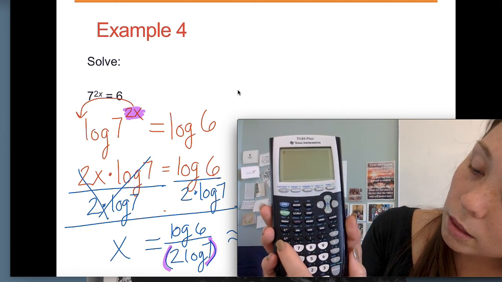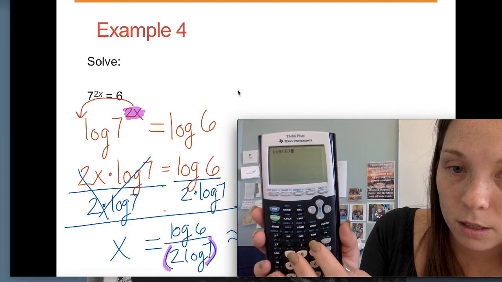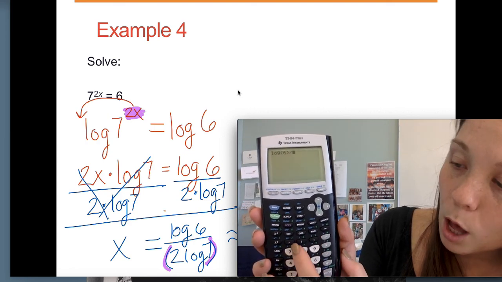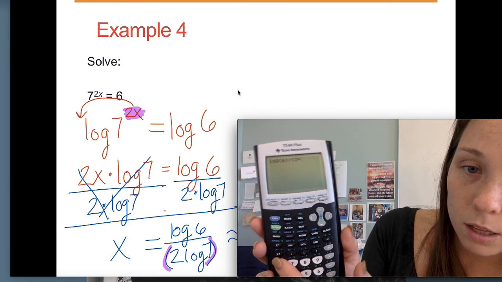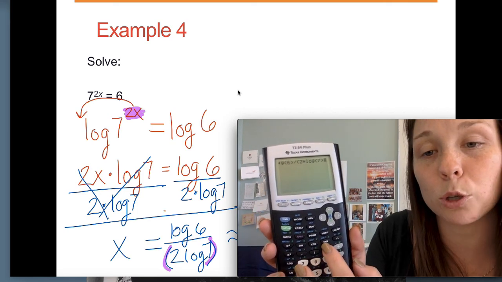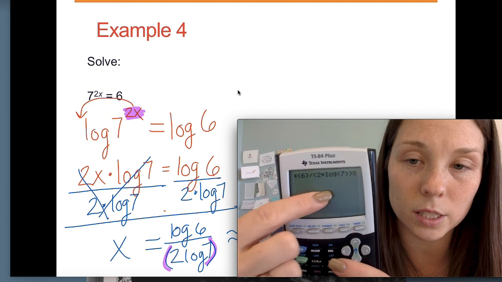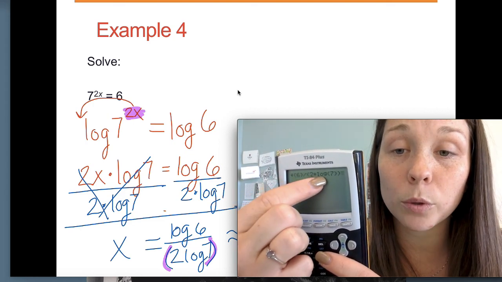We are going to take the log of 6, close our parentheses, divided by, I'm going to start a parentheses and say 2 times the log of 7, and then I'm going to close with 2 parentheses, because what this is going to do is it's going to tell the calculator we're dividing by the product of 2 and the log of 7.